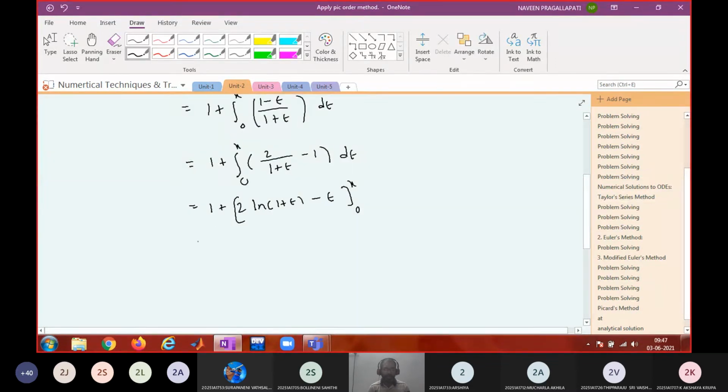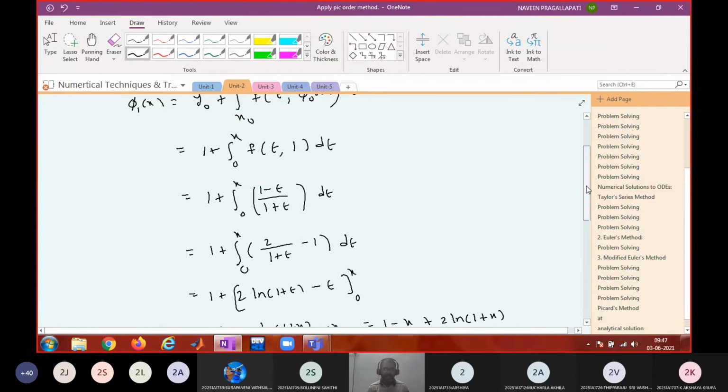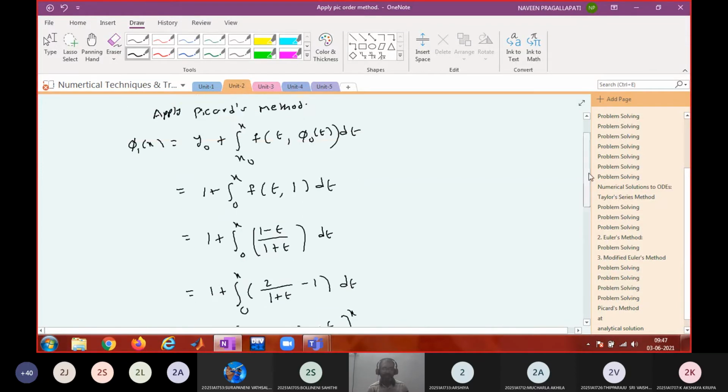It equals 1 plus 2 times log of 1 plus x minus x, and the lower limit is 0 because log 1 is 0. So this is 1 minus x plus 2 log of 1 plus x. Okay, so this is the second approximation, phi 1.